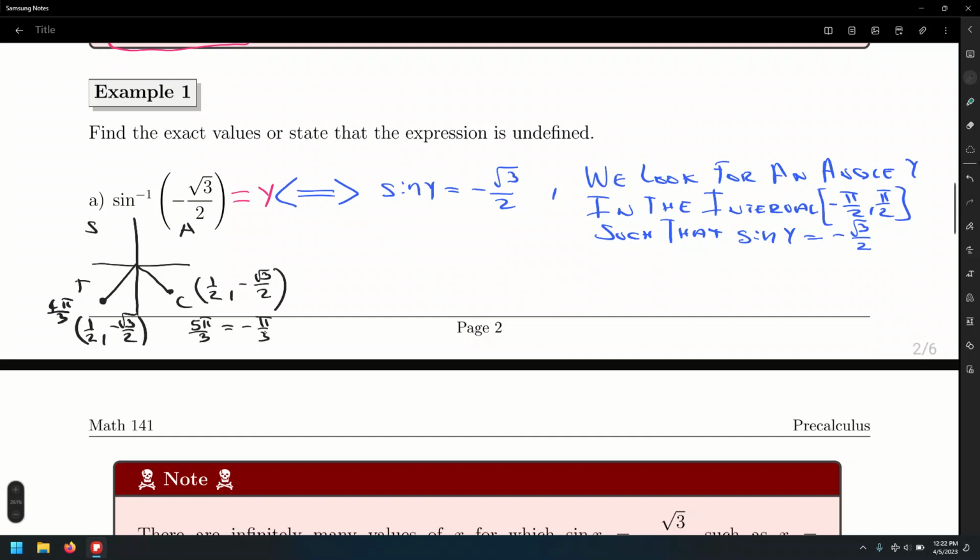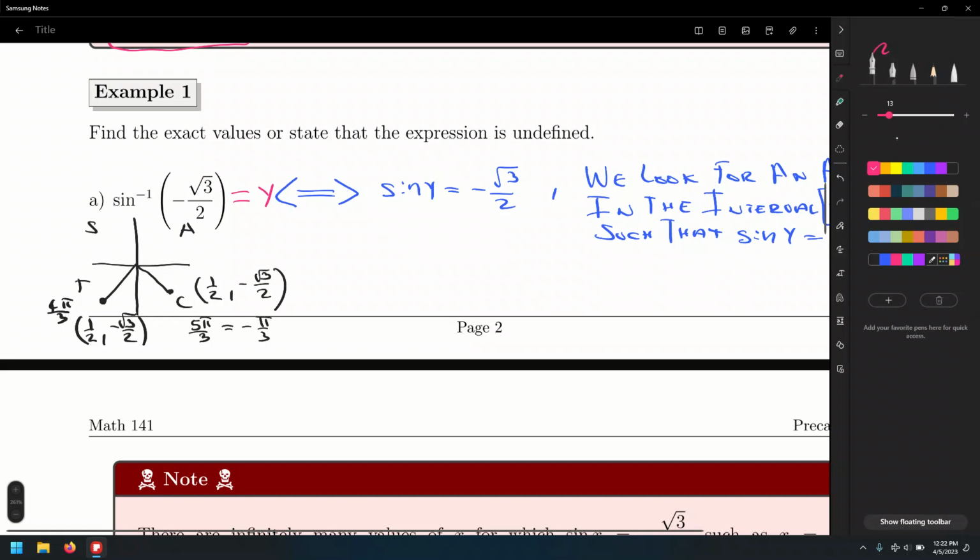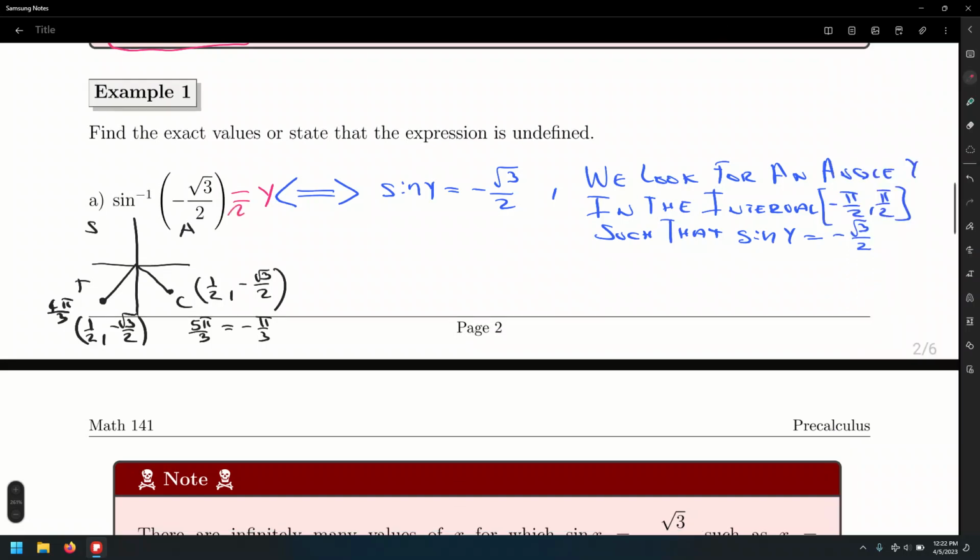And that negative pi over 3 is for sure contained within the window negative pi over 2 to pi over 2. So, final answer here. Let me highlight it. So sine inverse of negative root of 3 over 2 is equal to negative pi over 3.